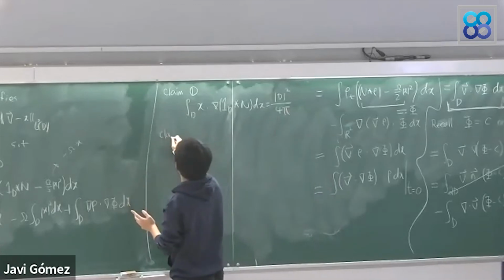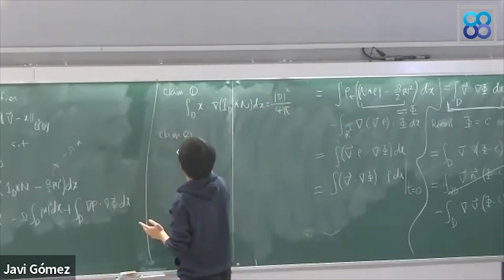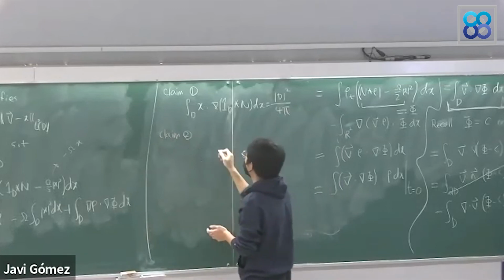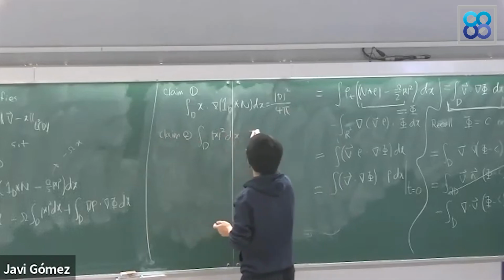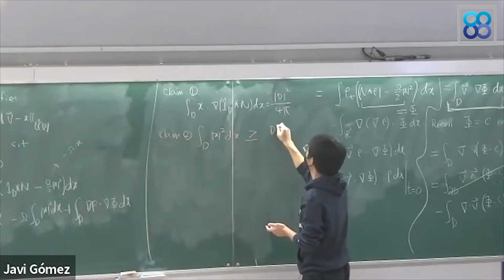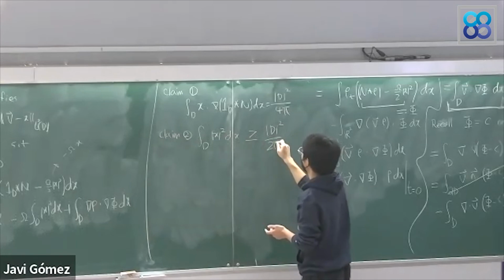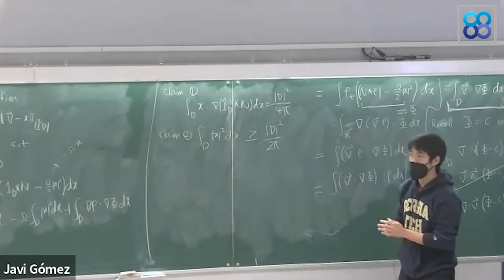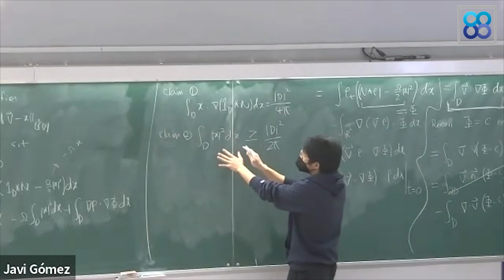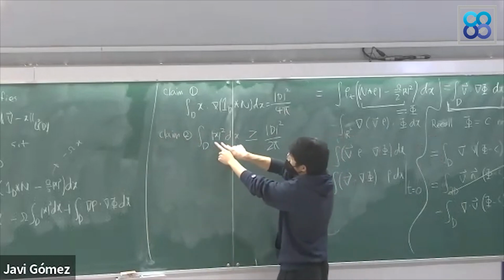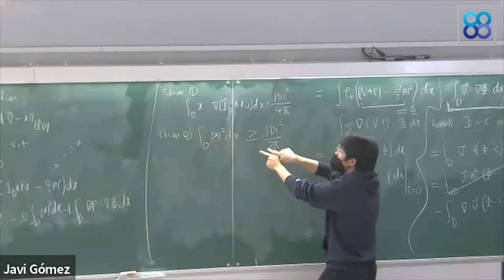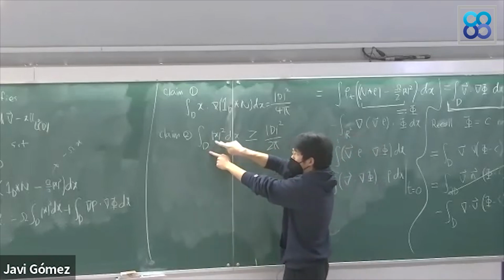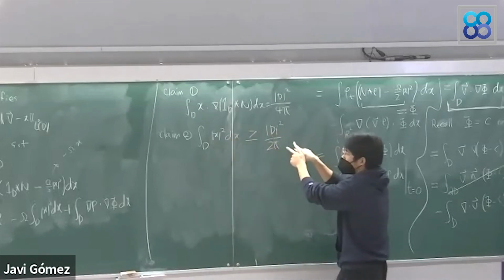And claim 2 is that this is always bigger than or equal to d squared over 2 pi. This could be a little bit easier because we already know that this is minimized when D is a disk centered at the origin. So we only need to compute the exact value when D is the disk. And that is very explicit, and one can just compute it.